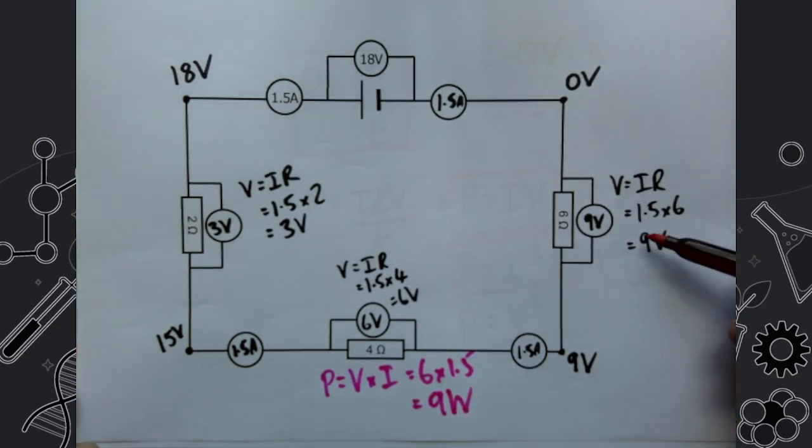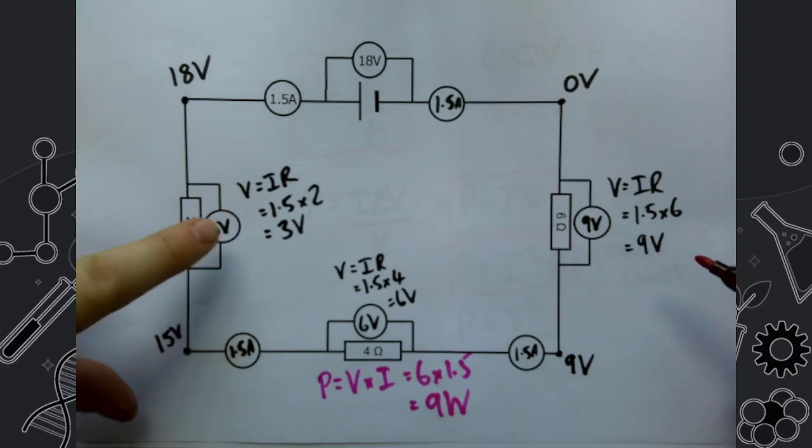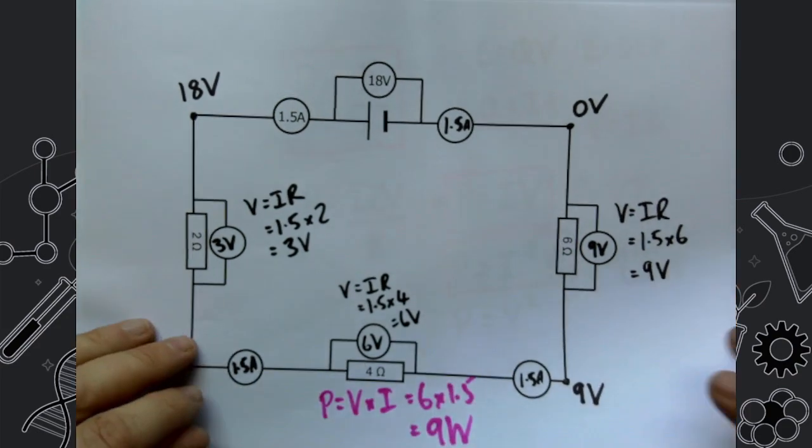I can do the same over here. This would be 13.5 watts. This would be 3 volts, 4.5 watts. So if we know the values for the resistance and the current and the voltage, then we can work out the power. That's all that's saying.